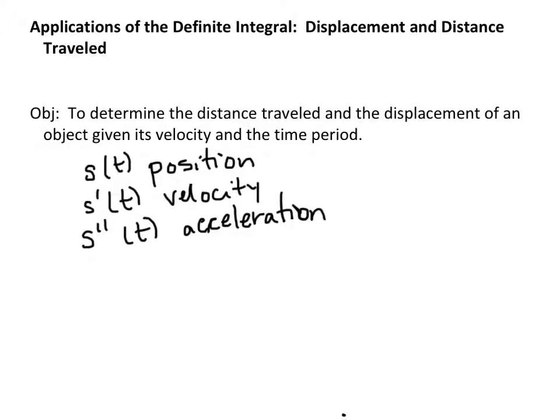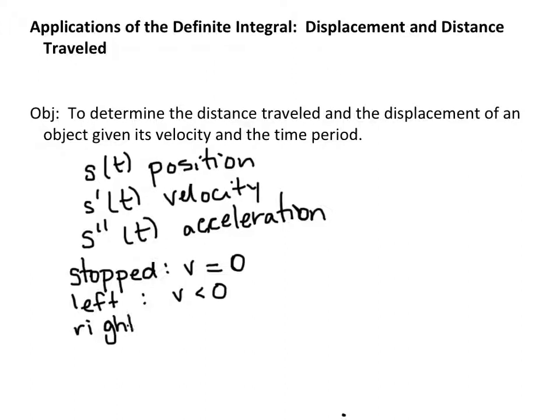We also know some things about language connections with position, velocity, acceleration situations. We know that an object is stopped when velocity equals 0. We know that the object is moving left when velocity is negative, right when velocity is positive.